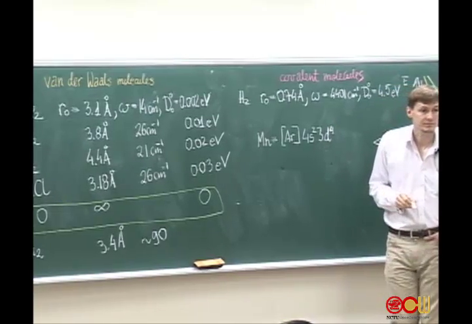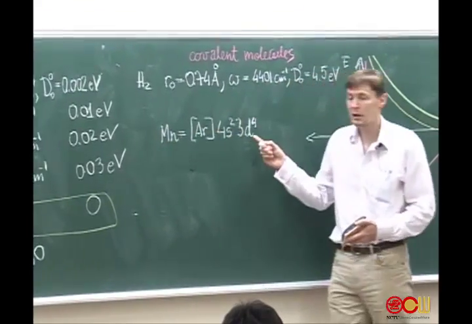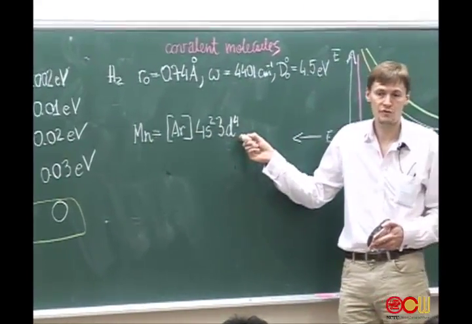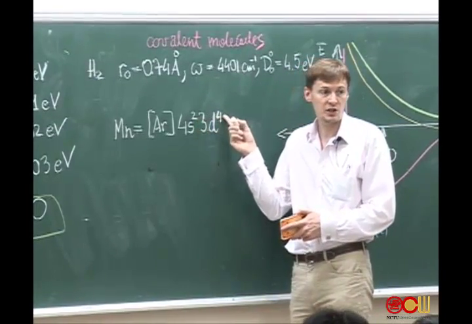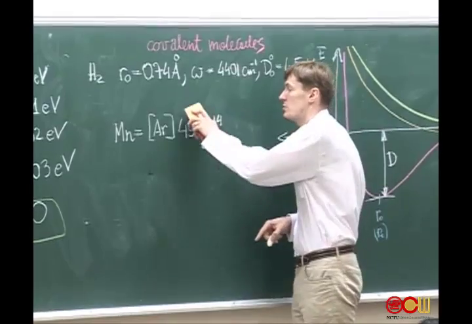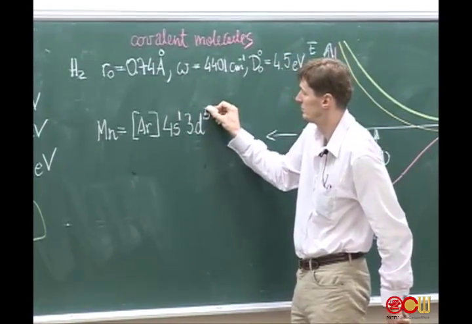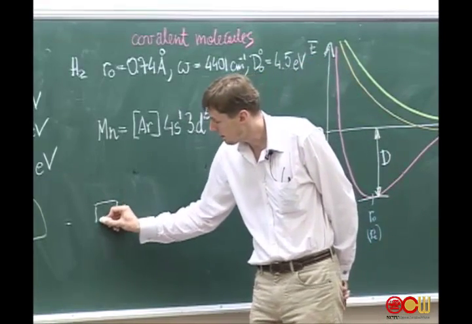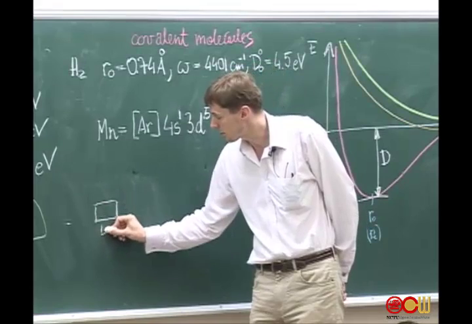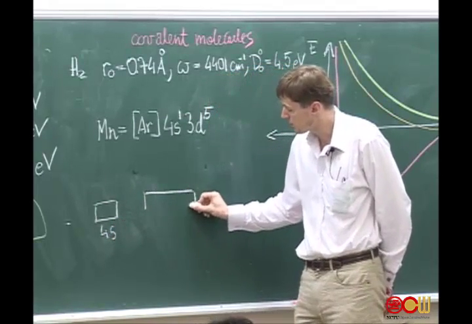But in fact, that is a plausible version, but not the true version. It turns out that if you take one s electron and put it on d, this is lower in energy. So really it's 1, 5. To understand this, you have to remember that the energy of the 4s orbital and the energy of the 3d orbitals are almost the same.